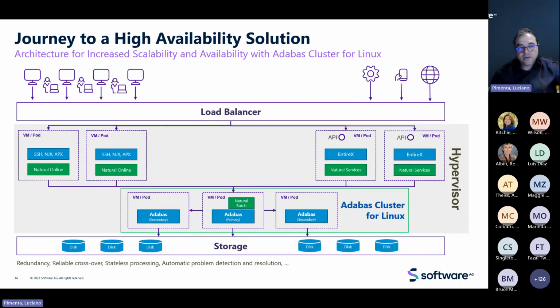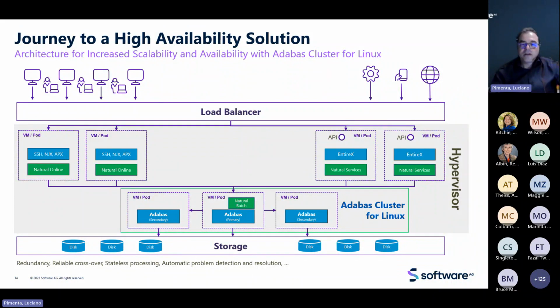We are using what we call a shared-nothing approach, where we basically need network communication between the nodes. It works with a primary-secondary concept, and it's fully transparent for Adabas client applications using databases in Adabas. So you don't need to touch anything on the application side, okay, which is very convenient.